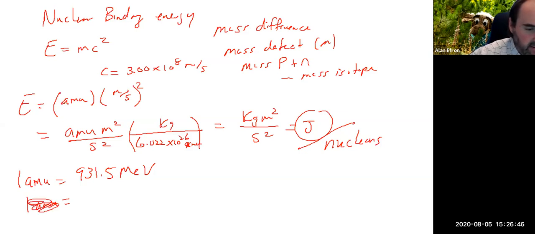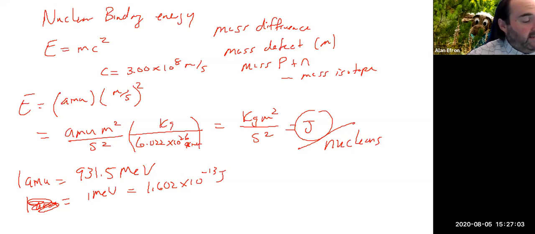There you go. 1 mega electron volt, that's the number we use, is 1.602 times 10 to the minus 13 joules. So you could use these conversions here to not have to use Einstein's equation. You could go from AMU to mega electron volts, and if you needed to, you could go to joules in that case. But the binding energy here is also used as a measure of stability.